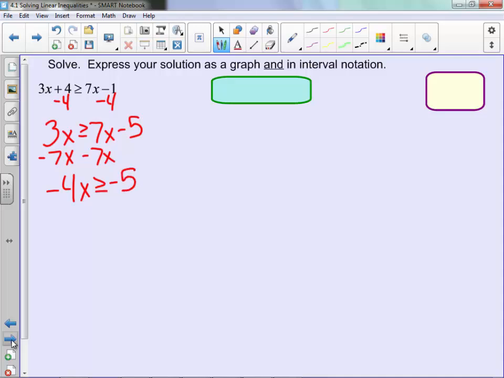Notice we only added and subtracted, so our sign doesn't flip. But now we are dividing by a negative, so our inequality is actually going to switch.